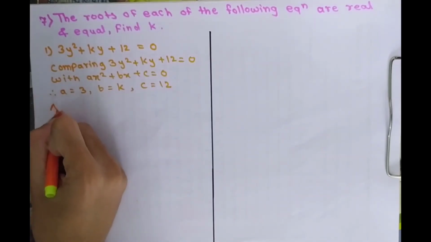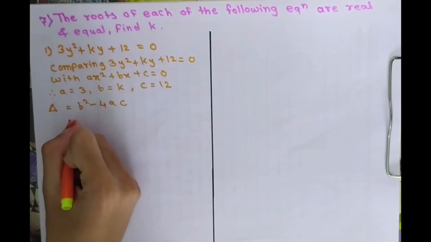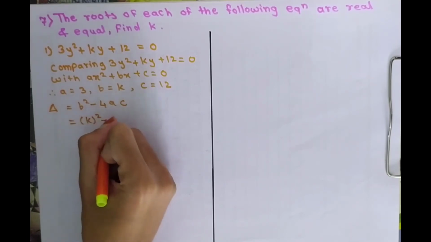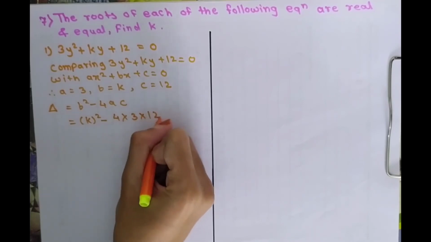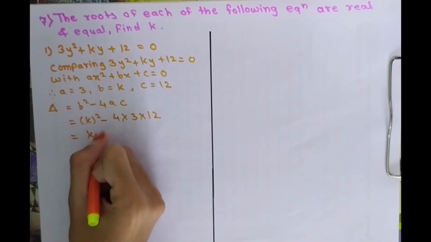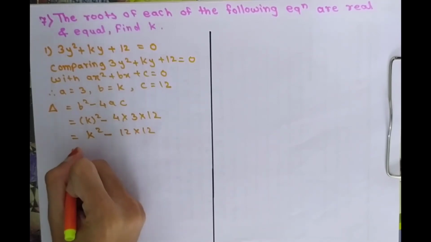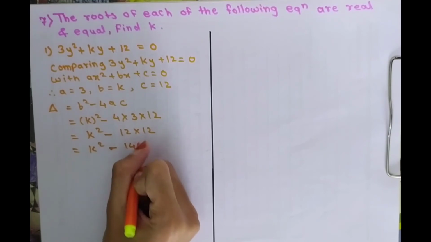Now, delta is equal to b square minus 4ac. So k square minus 4 multiplied by 3 multiplied by 12. 3 into 4 is 12, and 12 multiplied by 12 is 144.